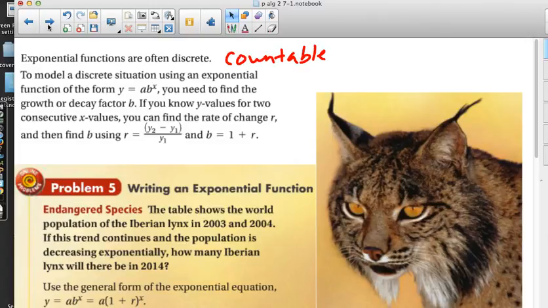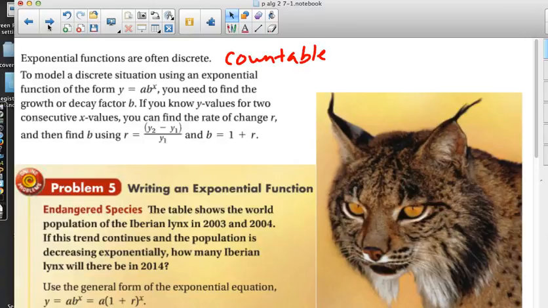Whenever I taught exponential, I always had students memorize: slope, find the slope, average rate of change. y2 minus y1 over x2 minus x1. It is just slope. The only difference is, instead of looking at both x's, all we do is divide by the first value. So y2 minus y1, what was the change, and how does that compare with what it was originally? Average rate of change is slope.